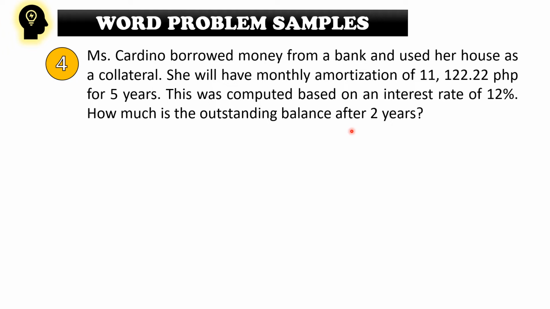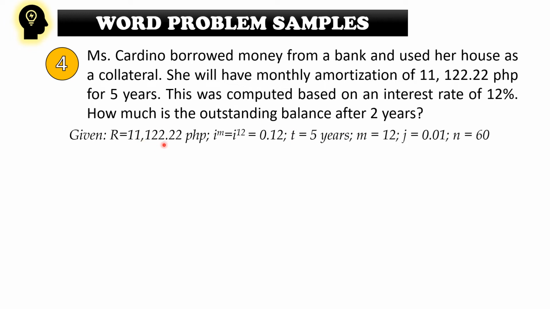To answer this problem, let's find and write down all the given. So we have here 11,122 pesos and 22 centavos as the regular payment kasi yun ang nakalagay na monthly amortization, yung binabayaran niya. Okay? Then the interest rate I raised to M, that is 12% in decimal, that is equal to 0.12.